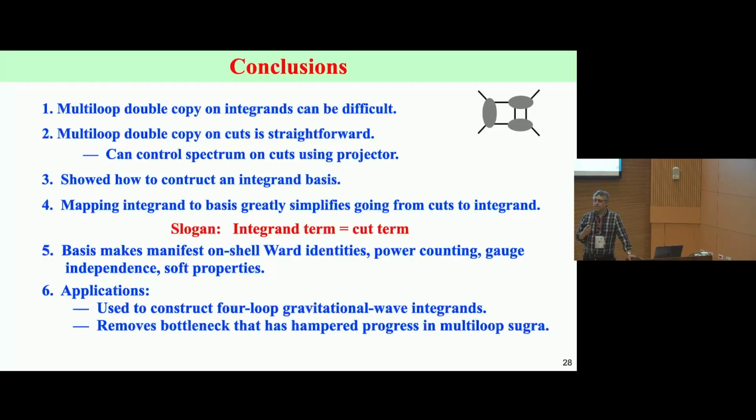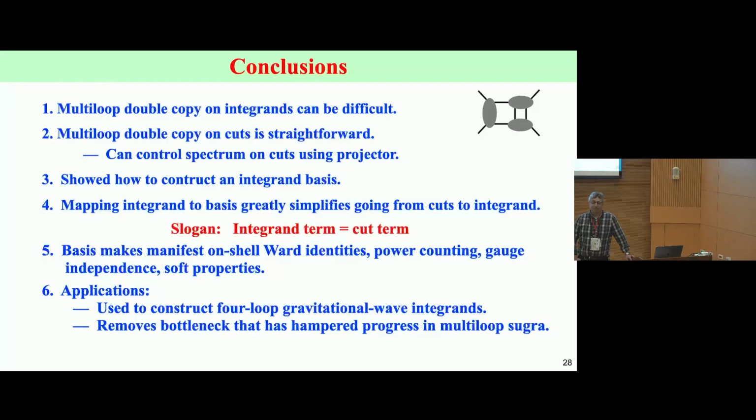Okay, so one last question. Fantastic talk. So I would characterize the method of maximal cuts as using a basis, as creating an integrand basis, but definitely an overcomplete one, right? Absolutely overcomplete.